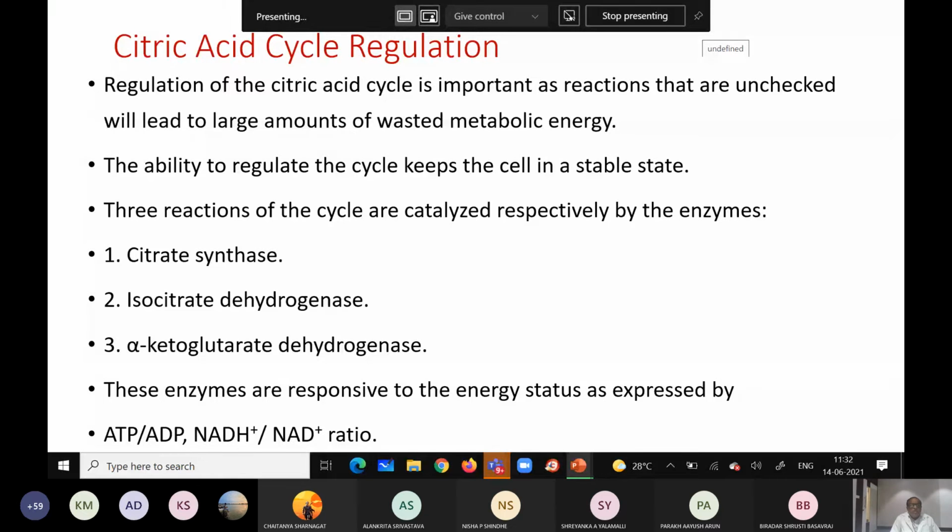These are the ones responsible for the formation or regulation of this fuel molecule that will be formed here, which will be represented by the ATP to ADP and NADH to NAD ratios. Because of these regulatory actions, the citric acid cycle can be regulated.